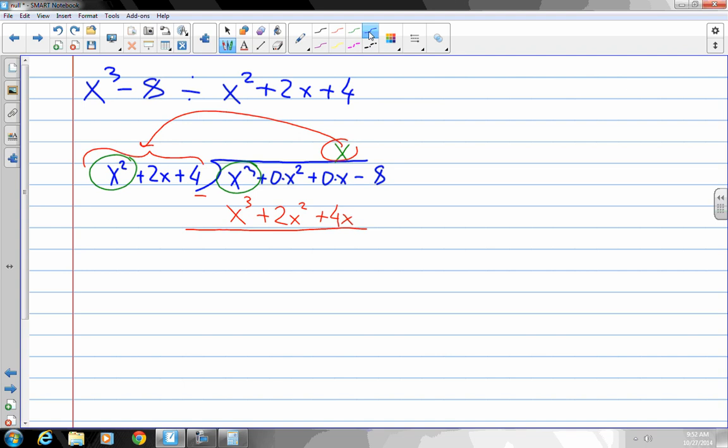It's another benefit of having those zeros. Everything is lined up, so it's easy to subtract, combining like terms. So x cubed minus x cubed cancels. 0x squared minus 2x squared is negative 2x squared, right? And then 0x minus 4x is negative 4x.